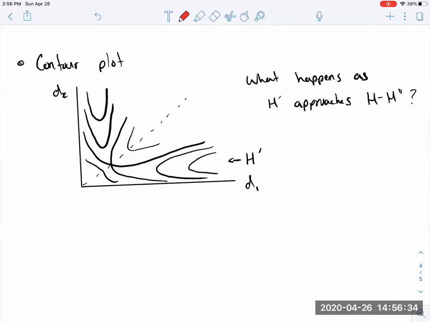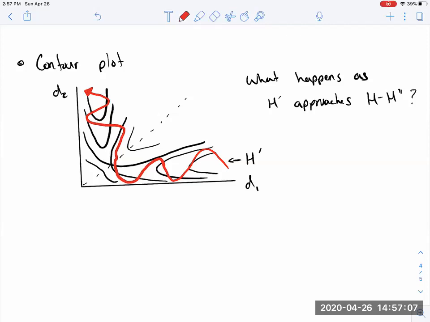It's got some velocity, presumably in the D1 direction. D2 probably has some velocity too, so we could draw some periodic trajectory, and maybe that trajectory might look like that. If it had sufficient energy to overcome that barrier, you would indeed see a reactive trajectory.